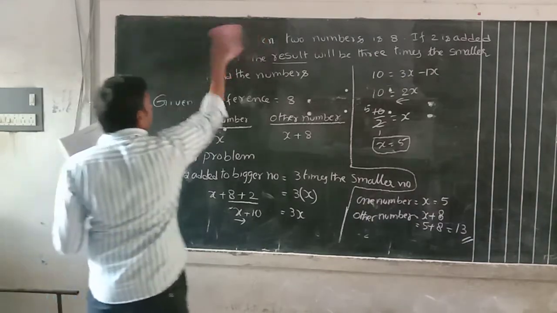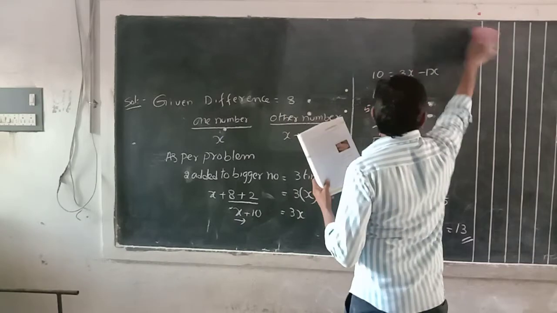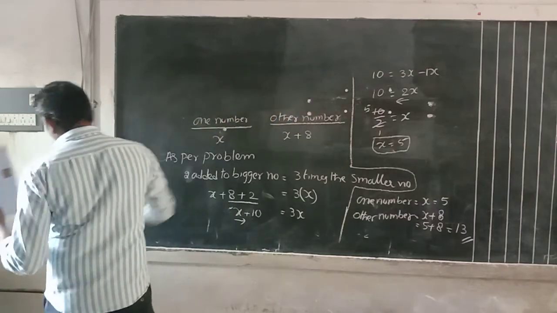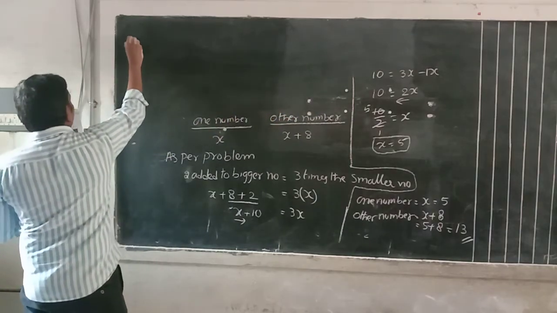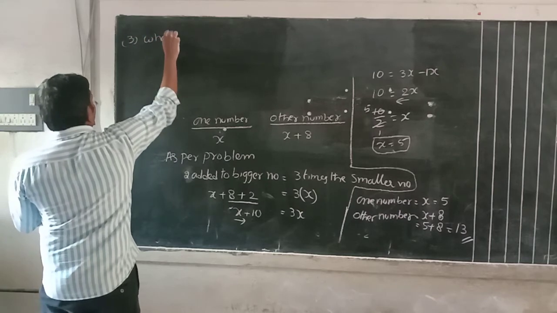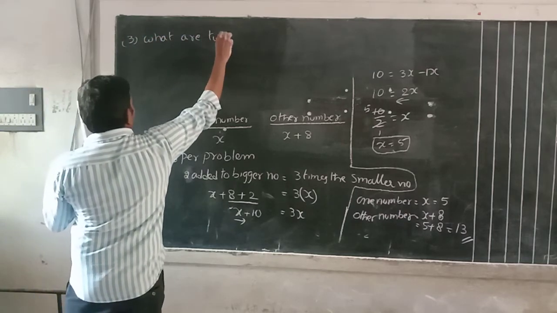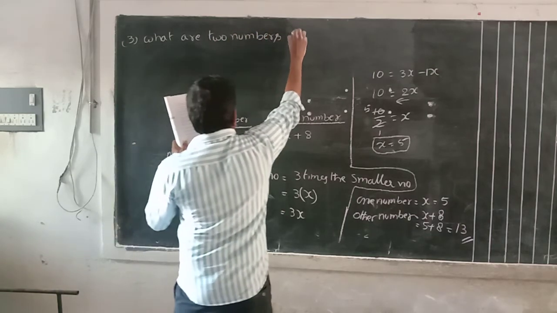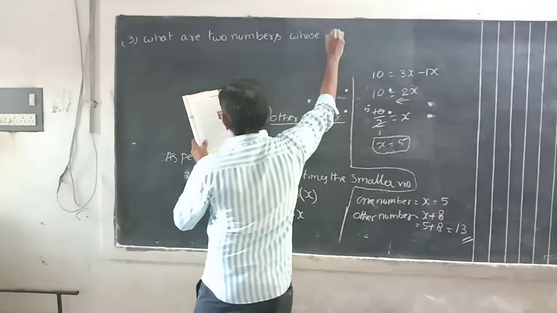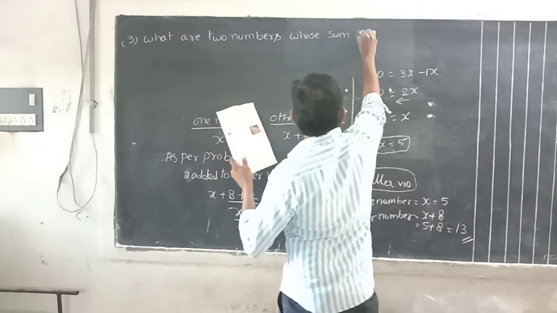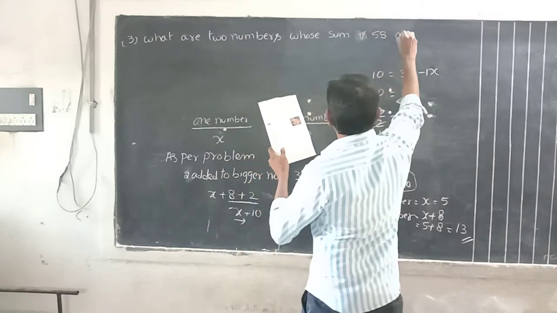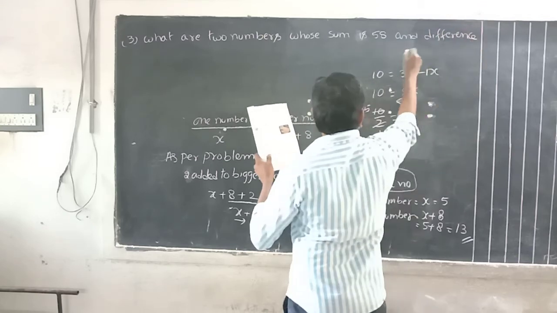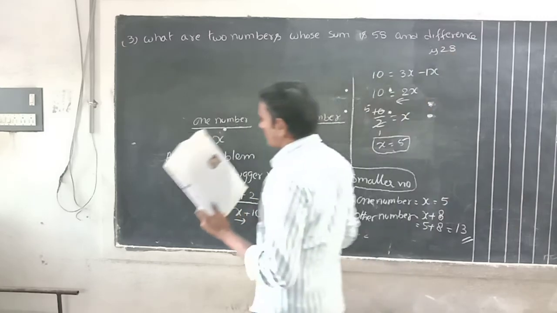Third one, also the same kind, but a little bit different thing. What are two numbers whose sum is 58 and the difference is 28?